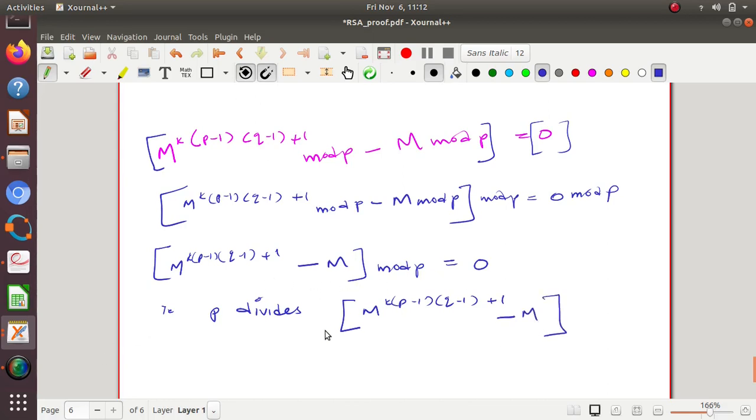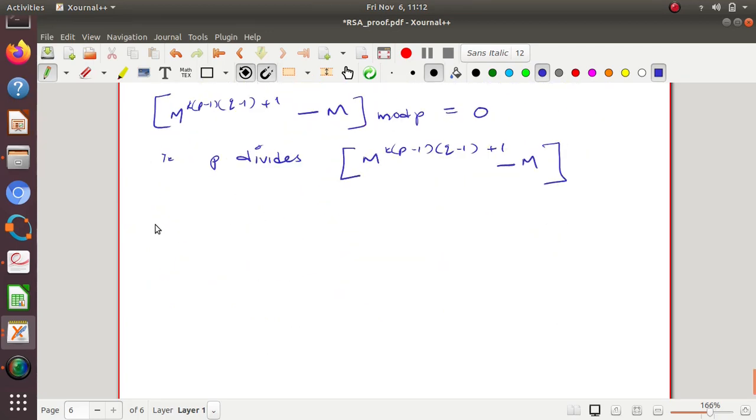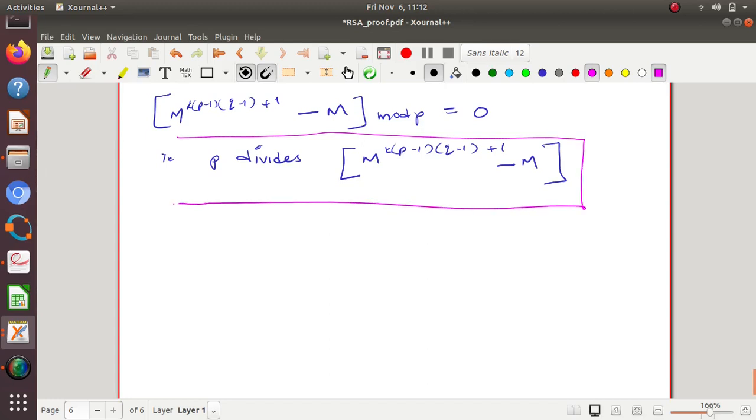If this is equal to 0 mod p, that means p divides this one. So we reach the result that p divides this quantity.